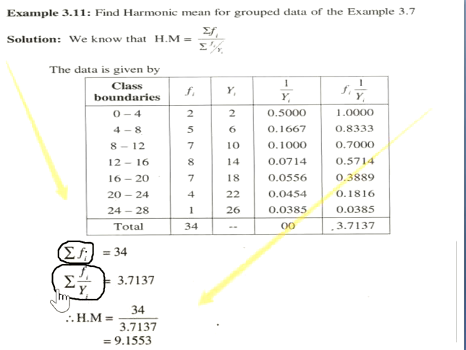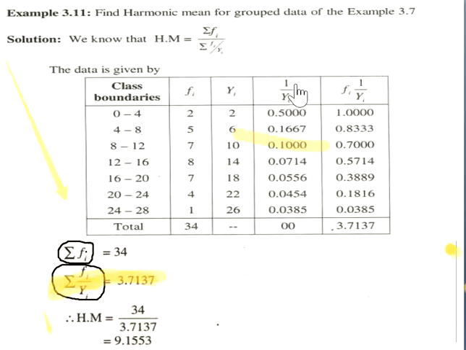Now we need the sum of this column f divided by y. We have y. First, in the case of harmonic mean, we calculate the reciprocal of the variable, 1 by x or 1 by y. So we did the same: 1 divided by 2, 1 divided by 6, 1 divided by 10, and similarly for every value of y.